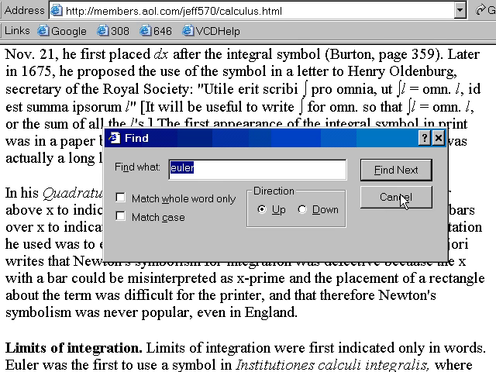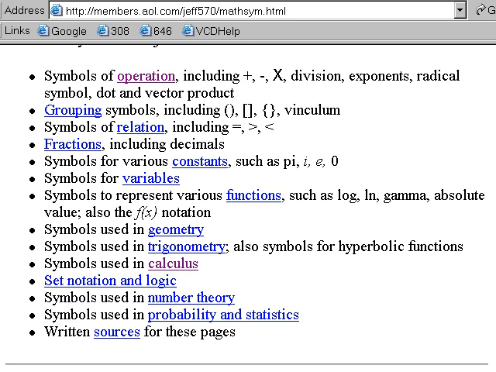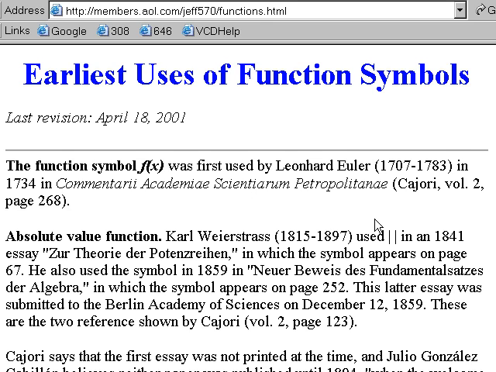Okay, so here it is, various functions, f of x. The symbol f of x was first used by Leonhard Euler in Commentarii Academiae Scientiarum Petropolitanae, though I butchered the Latin there. Those of you who want to go back to the original sources are welcome to read it in the original Latin.